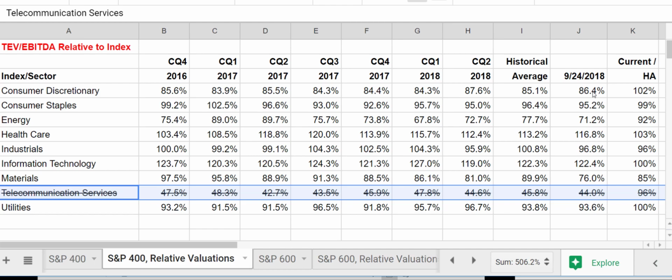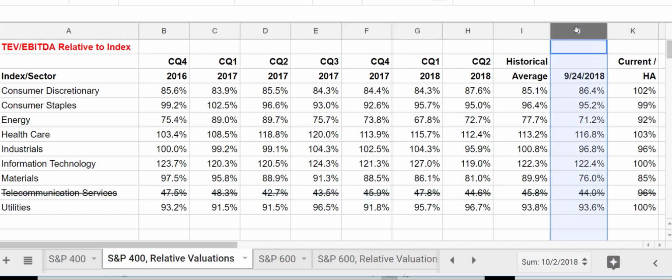Now, what I've done is I've said, hey, let's try and take a look at the relative value of it today using the latest numbers and compare that to the historical average.